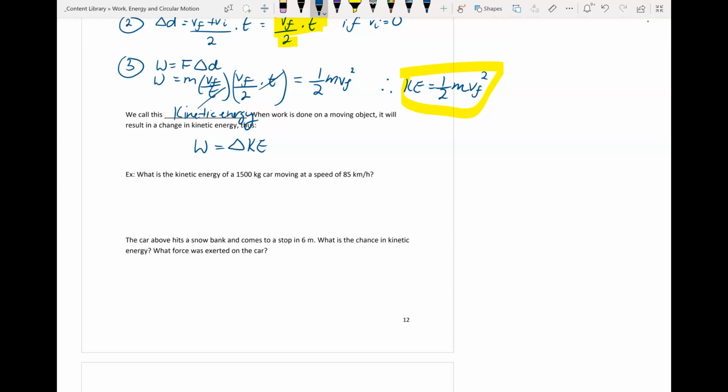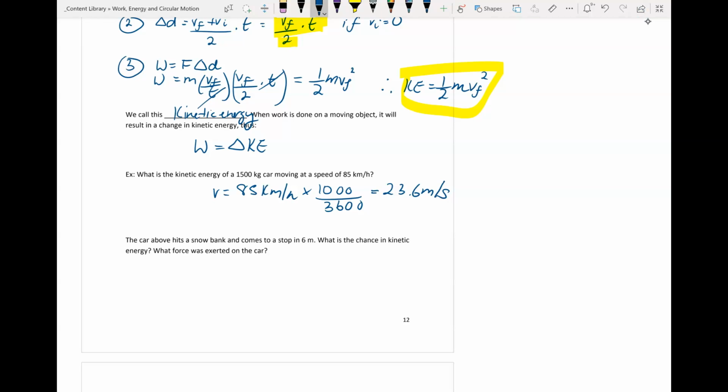So we do need to convert it to meters per second. So if I want to convert this into meters per second, I'm going to multiply it by 1,000 divided by 3,600, which is 23.6 meters per second.